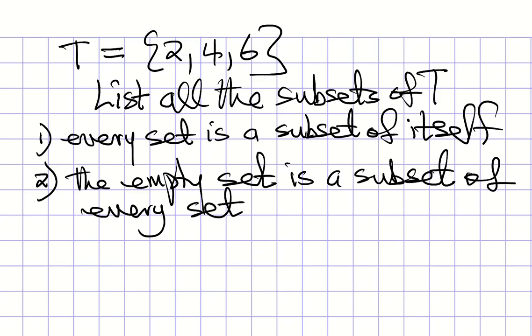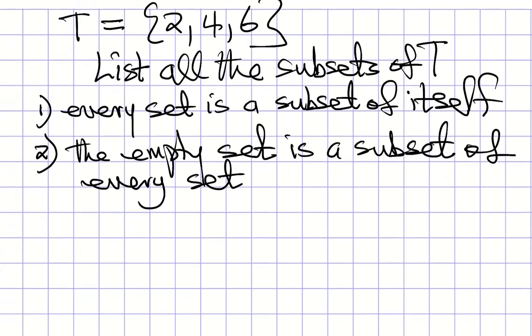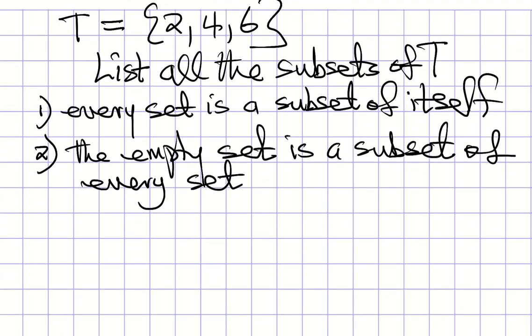So to solve that problem, list all the subsets of T. You can do it any way you want. We know that T contains the empty set, so you put the empty set. We know that T contains itself, so we write that set itself. And then we start listing out the elements.